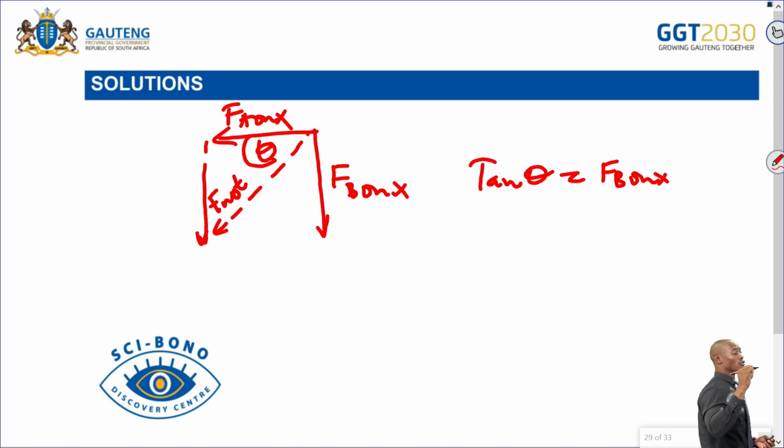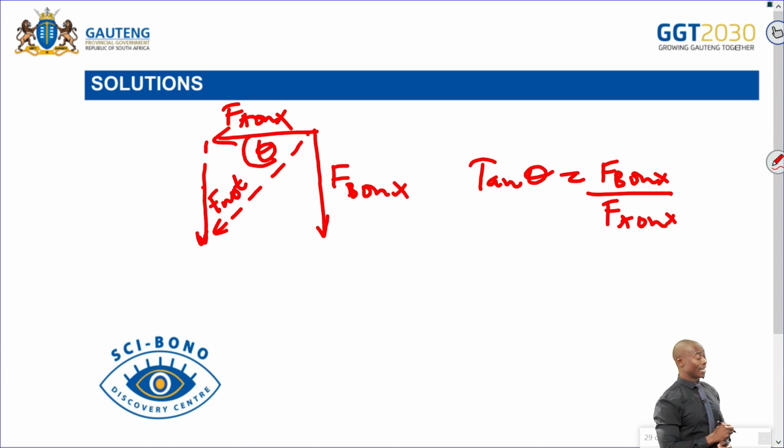And make sure that you use positive values also here, okay? Over F A on X. So it's opposite over adjacent side.